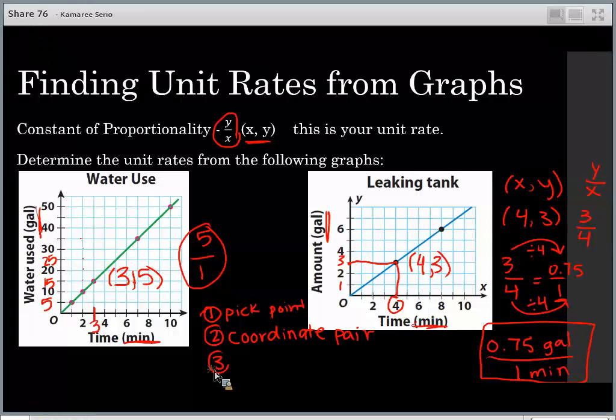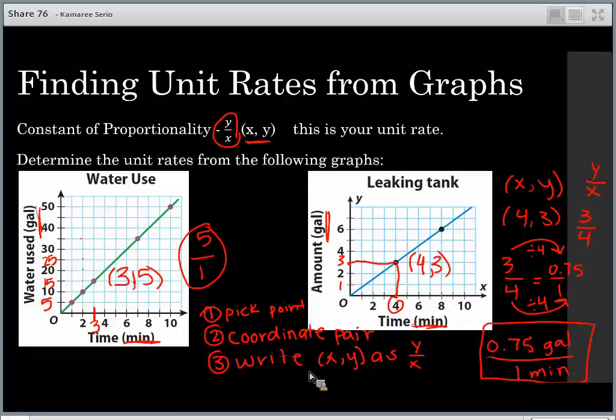Then step 3, write your x, y as y over x. And then the last step, step 4, would be to make sure you have a 1 in the denominator, the bottom. So pick your point, write your coordinate pair, write your coordinate pair as y over x, then make sure you have a 1 in your denominator.